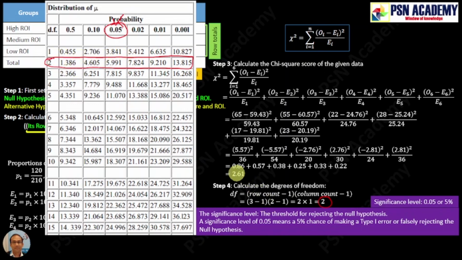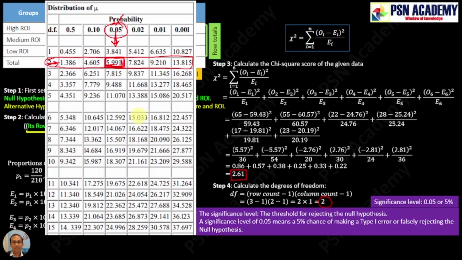We have got the value of 2.61, but here you have 0.05 on this column, and this row is giving you 5.991. So this is the critical value.